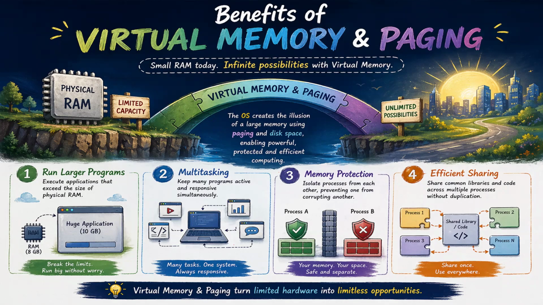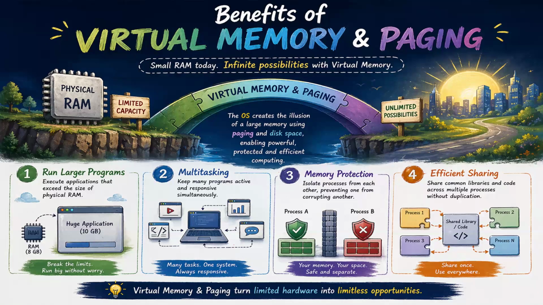So without virtual memory, a program must fit entirely into RAM to execute, which will never happen if virtual memory is not there. But with virtual memory, only the required pages are loaded at a time, and the rest can stay on the disk. This means large applications, complex software, even memory intensive tools can run seamlessly on limited hardware.